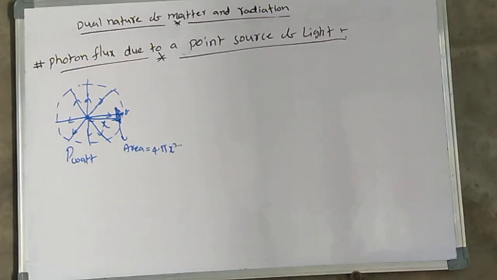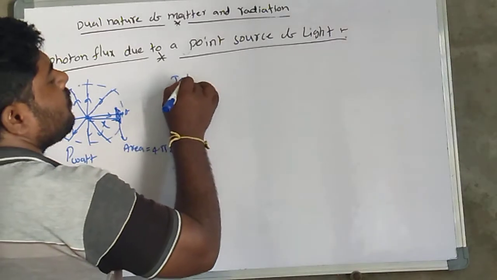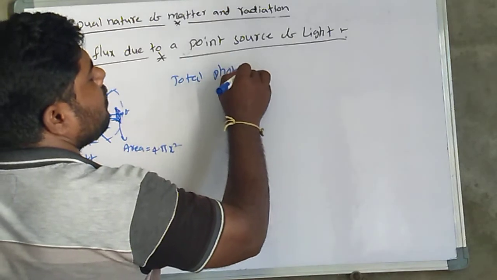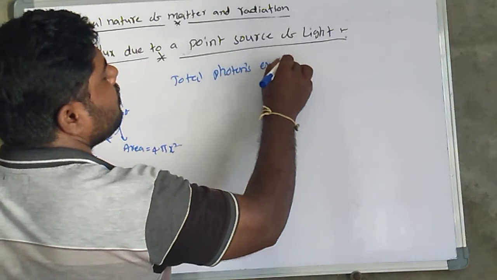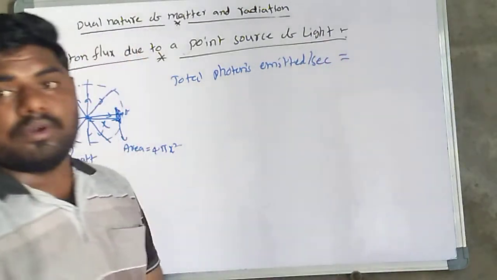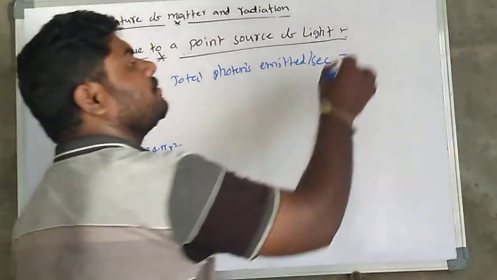The total photons emitted per second is equal to P lambda by hc.